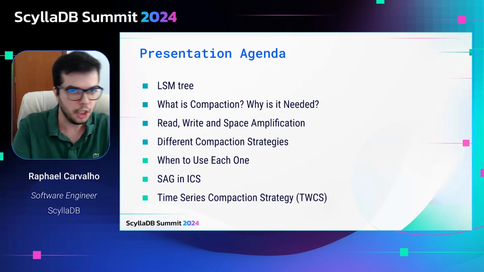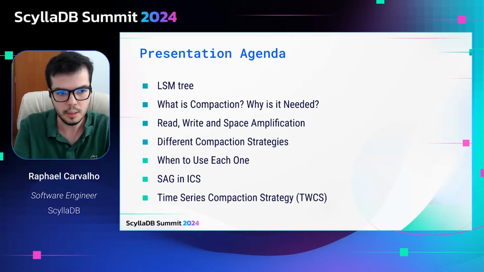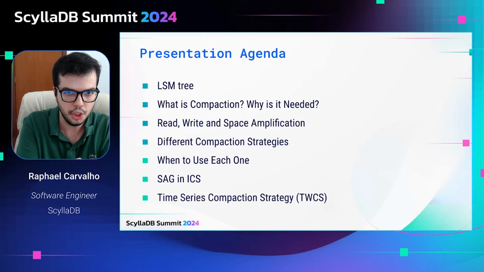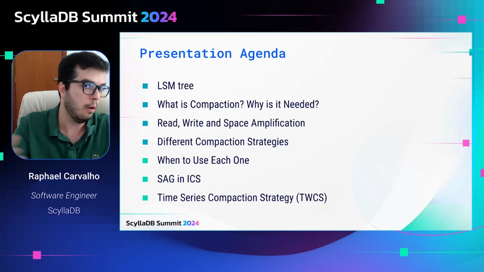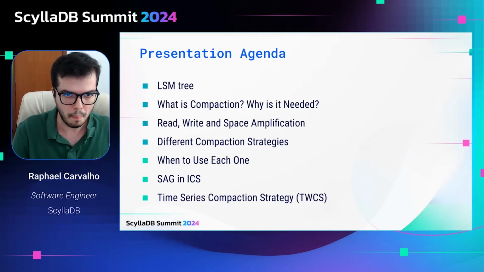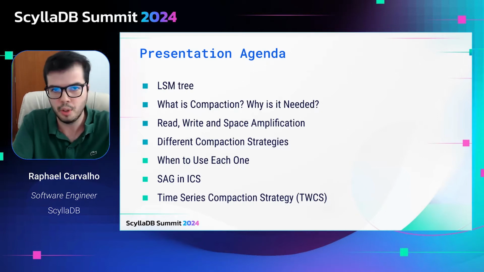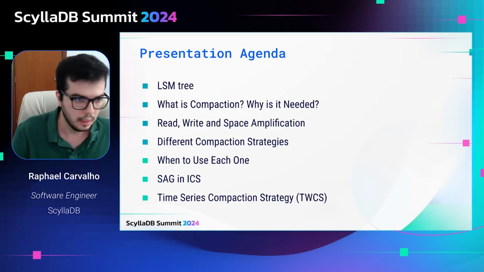One of the additional features we have is ICS, the incremental compaction strategy, and I will also explore the time window compaction strategy, common pitfalls you might bump into when using them, and how to avoid them.